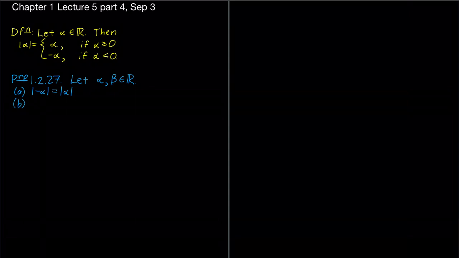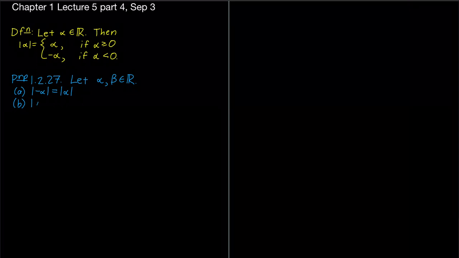Second, if you take alpha and beta and multiply them and take the absolute value, that's the same as taking the absolute value of alpha and the absolute value of beta and then multiplying them.